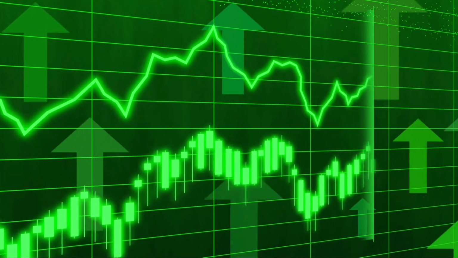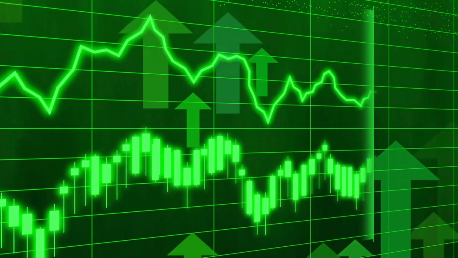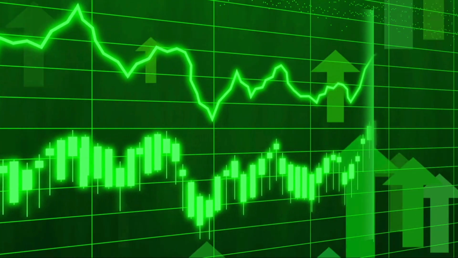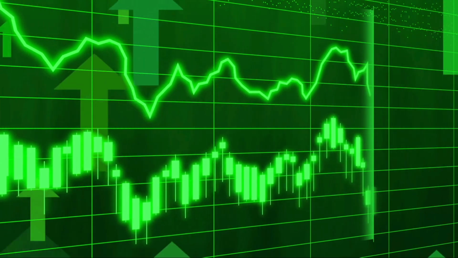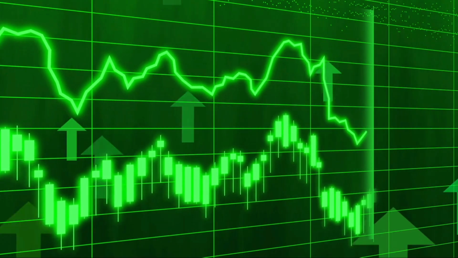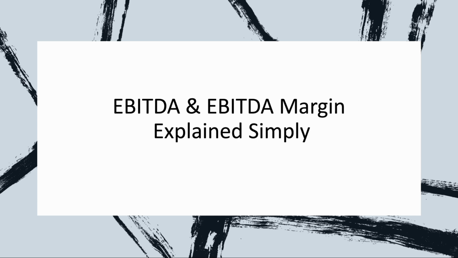So have you ever wondered how investors measure a company's real profitability? Well, it's not just about net income. Meet EBITDA, a powerful metric that reveals a business's true earning potential, and its best friend, EBITDA margin. Stick around and I'll break them down in the simplest way possible.